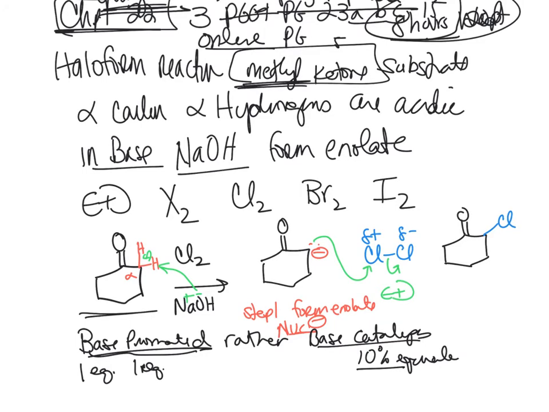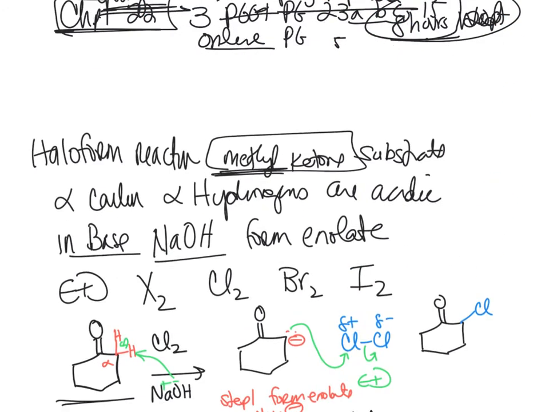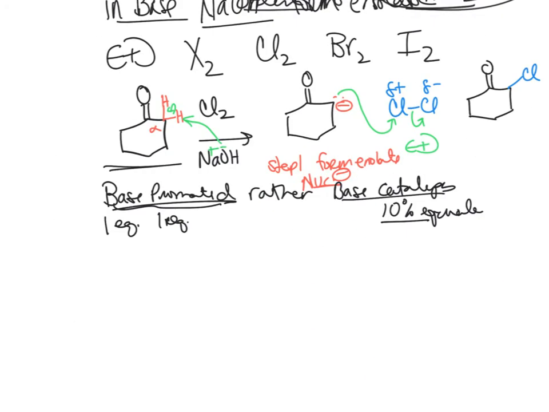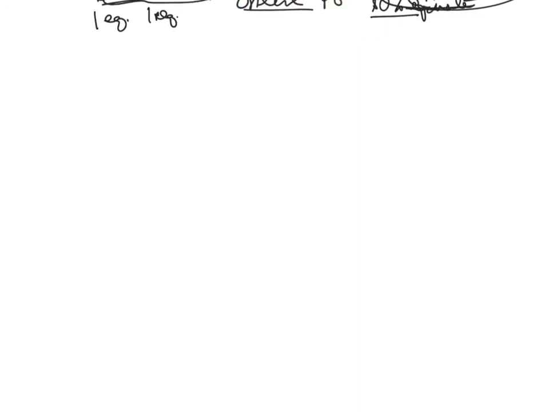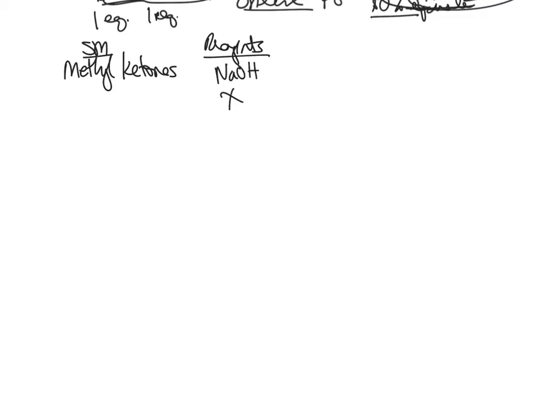So if I were you and I was filling out my reaction sheet for the haloform reaction, I would say my starting materials are methyl ketones. There's my starting material. And my reagents are sodium hydroxide and a halogen. And then your product is going to be a carboxylic acid.